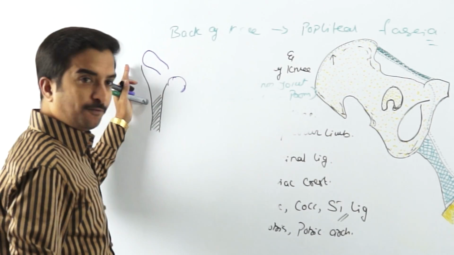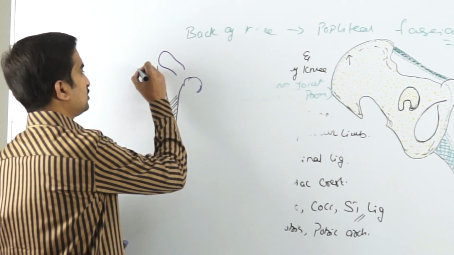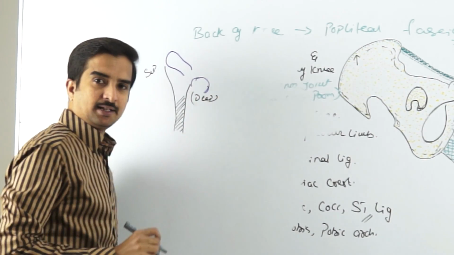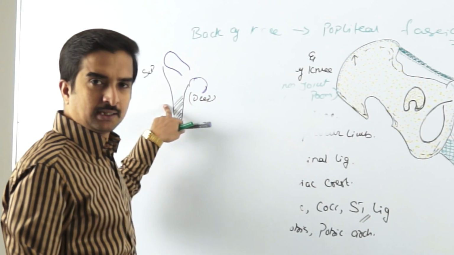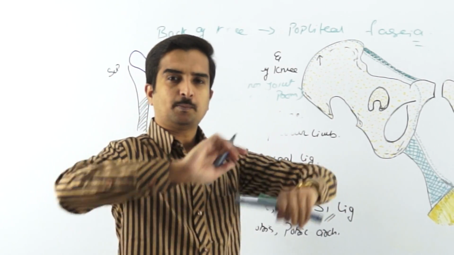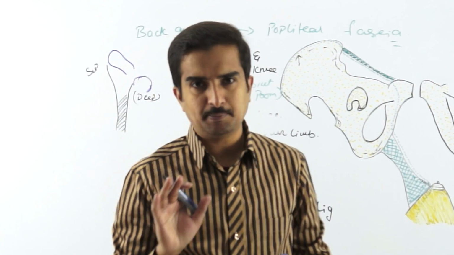One is towards the superficial aspect, which I will call the superficial lamina, and this is the deep lamina. So in its upper part, the iliotibial tract splits into two laminae: one is the superficial lamina, another one is the deep lamina.